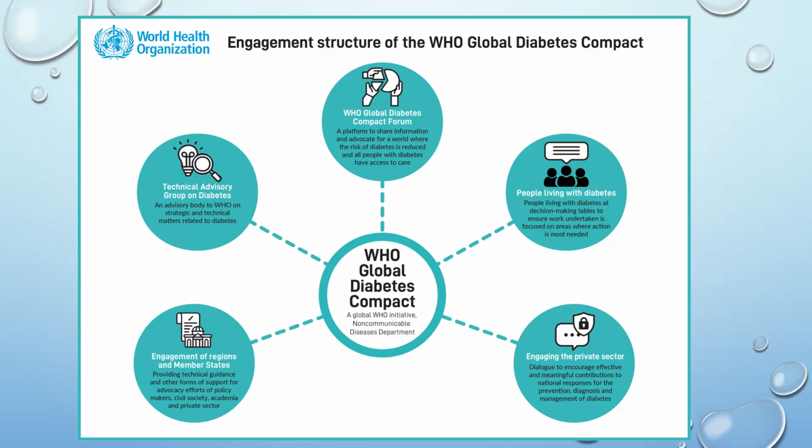Engaging the private sector, with dialogue to encourage effective and meaningful contribution to national response for the prevention, diagnosis, and management of disease. Then the health and technical advisory group on diabetes, an advisory body to WHO on strategic and technical matters related to diabetes. And then engagement of the regions and member states, providing technical guidance and other forums of support for the advocacy effort of policymakers, civil society, academia, and private sectors.